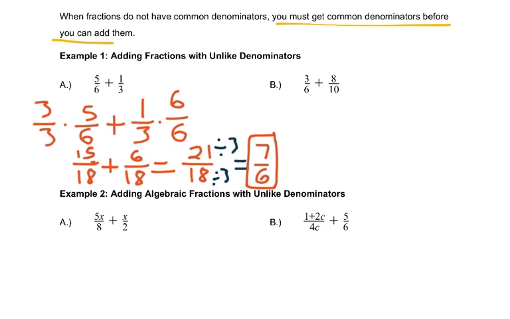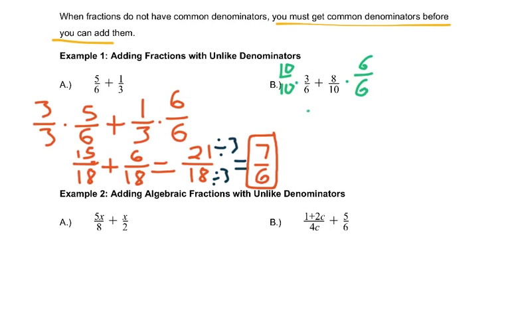Okay, so these ones take a little more work, but if you just look at the other denominator, multiply it by it, then it's going to work out. So 3 over 6 plus 8 over 10, same thing. I'm going to multiply the first one by 10 over 10, and the second one by 6 over 6. Now there is a faster way to do these, but I'm just showing you the easy way that's going to work no matter what.